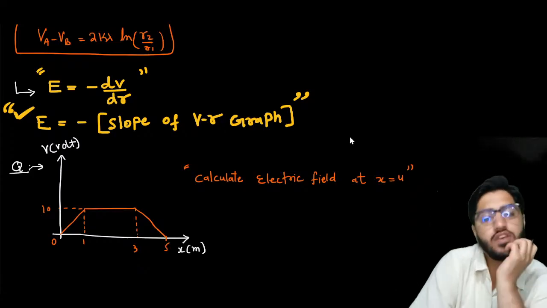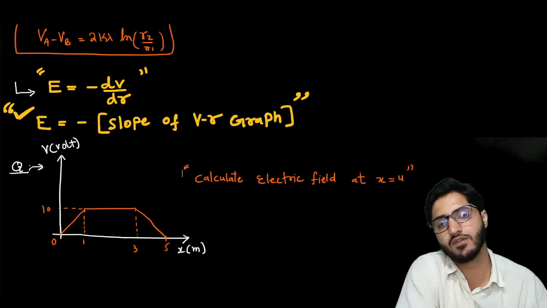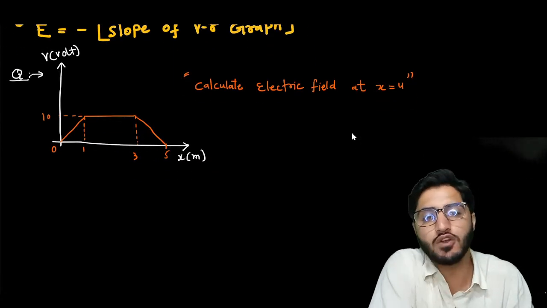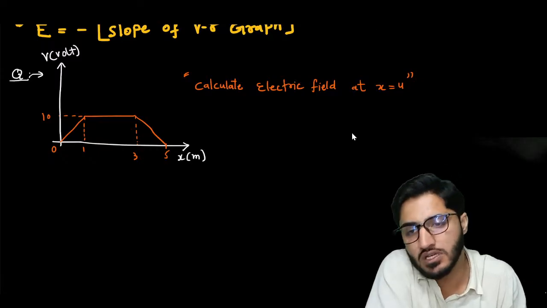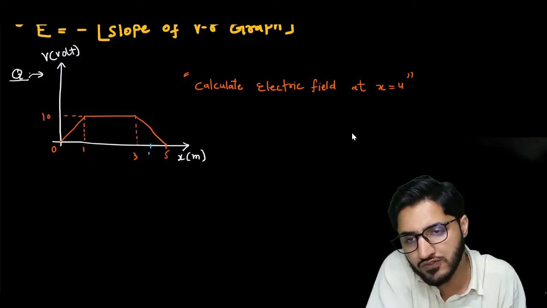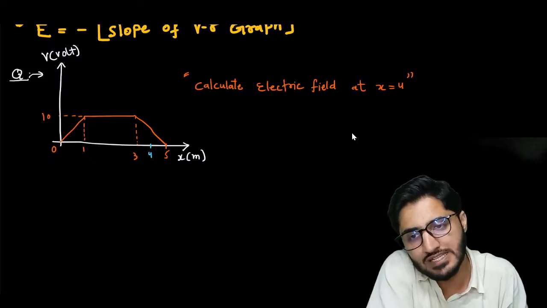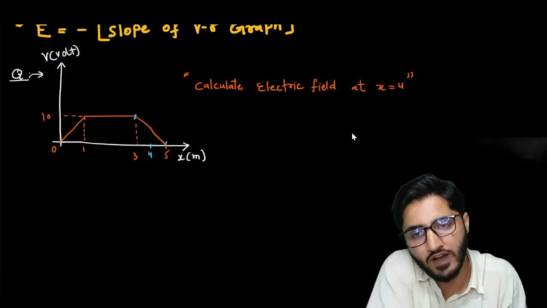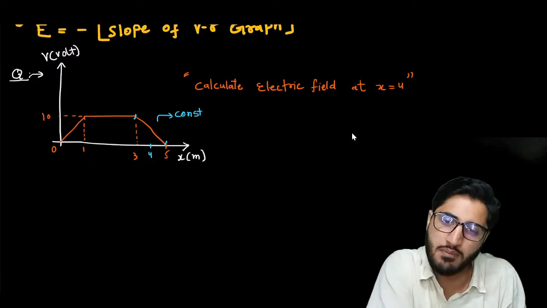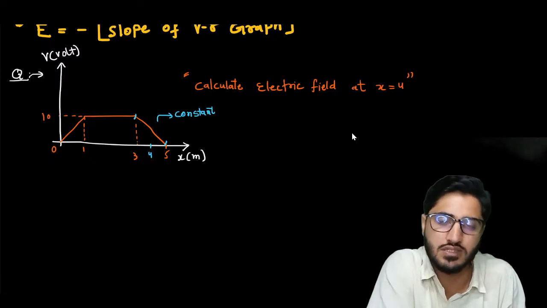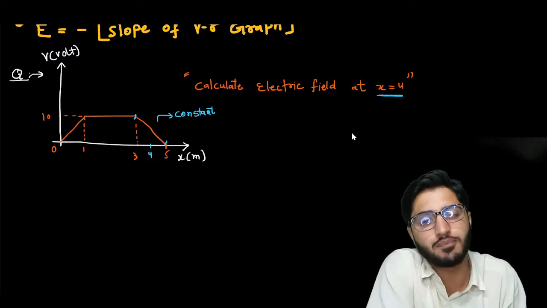Sir, how can we do it? The graph is given and we need to find the electric field at point 4. Look, between 3 and 5 my slope is constant, so the value at x equals 4 is the same as between 3 and 5.